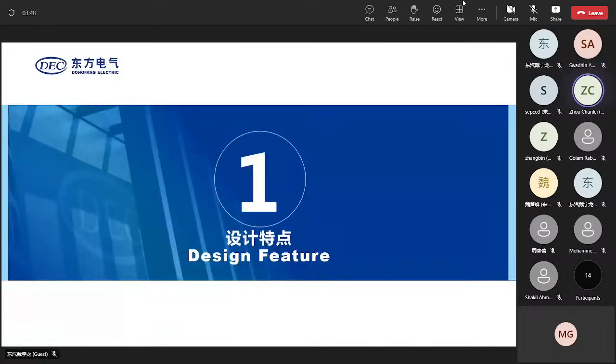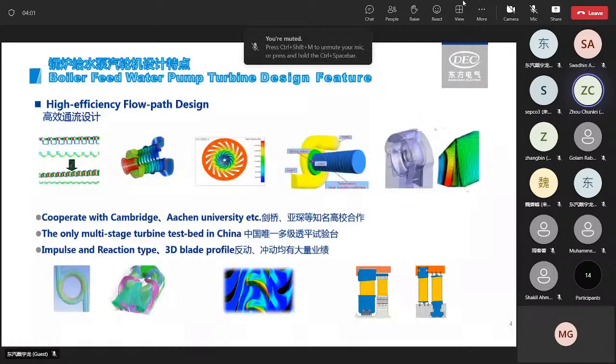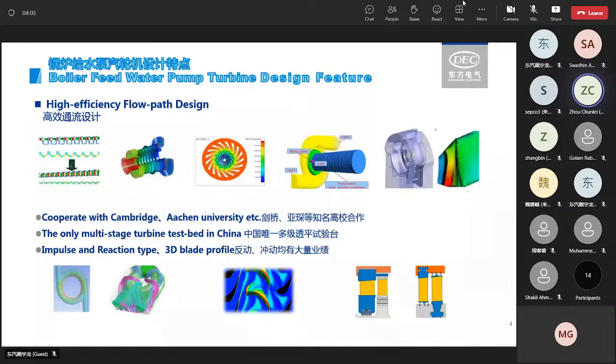Yeah, we will start with the design features.